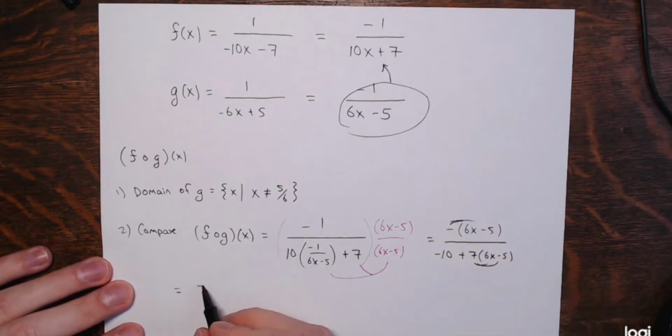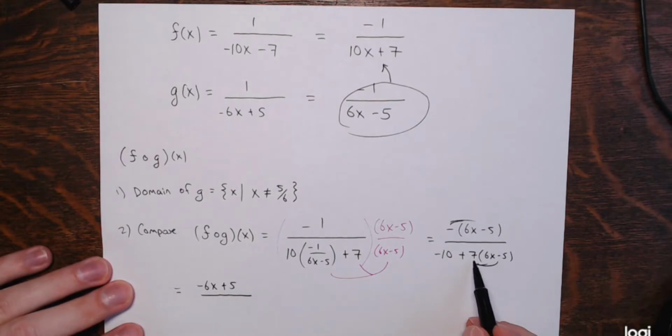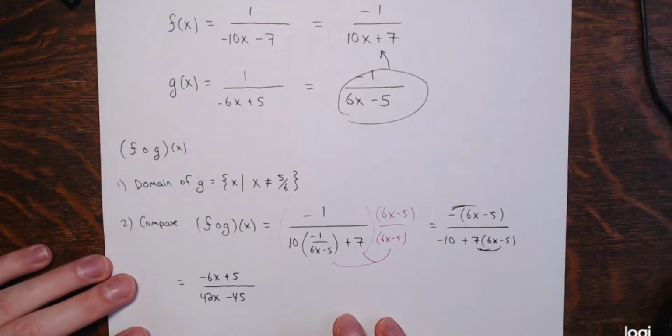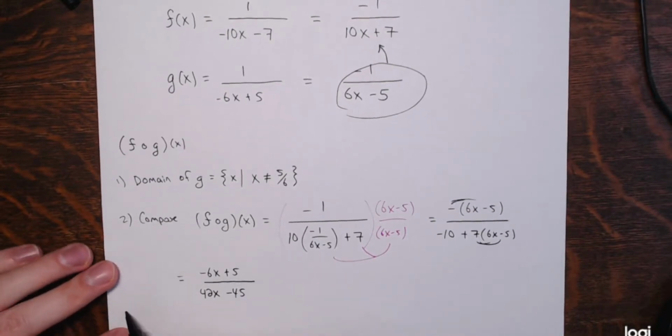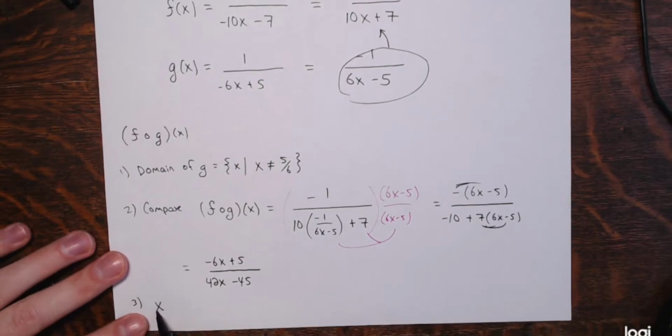Negative 6x plus 5 divided by 42x, and then you have minus 35 minus 10, so minus 45. Okay, there's our composite function, and then any further restrictions? Yeah, x can't be 45/42, but this is 3 times 15, this is 3 times 14, so 15/14.